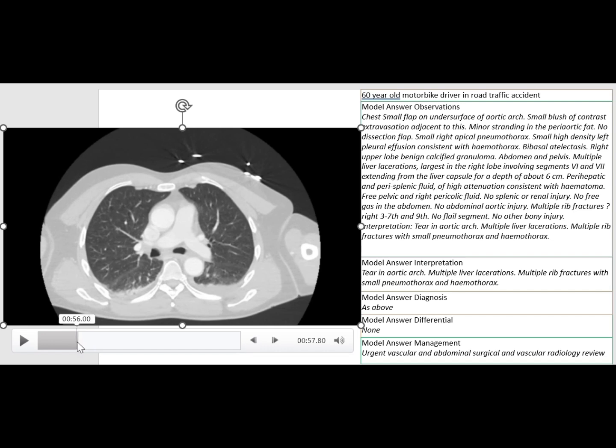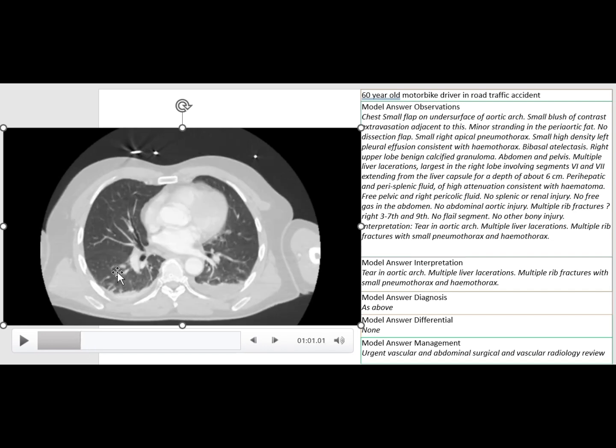And can you see this sign? Comet tail sign. I can see vertical linear opacities are seen pulled into a collapsed lung parenchyma.